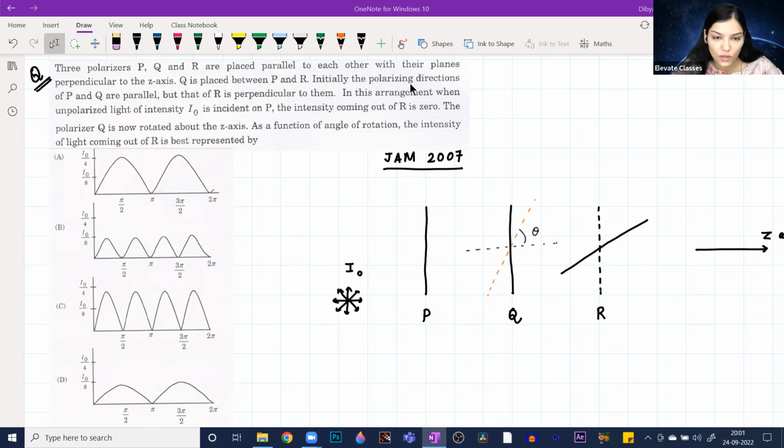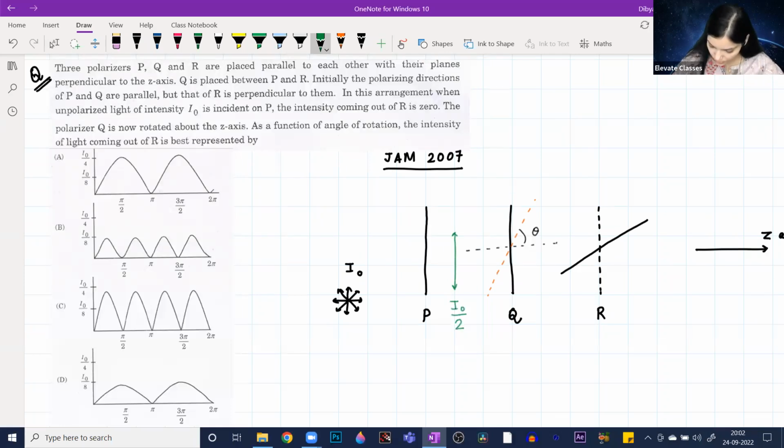Mansi, your answer is still not correct. It's okay. Let us see, okay? So I have an unpolarized light. So I know that simply after passing through the polarizer P, I should get a plane polarized light like this and of intensity I0 by 2.